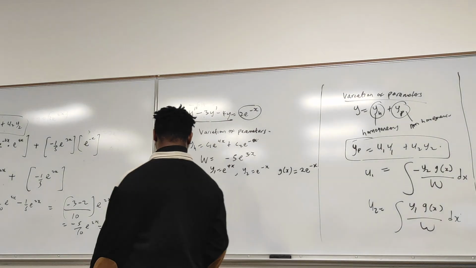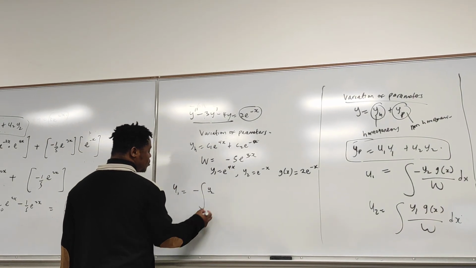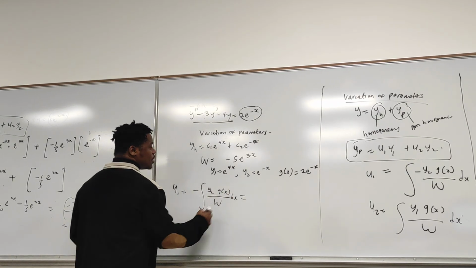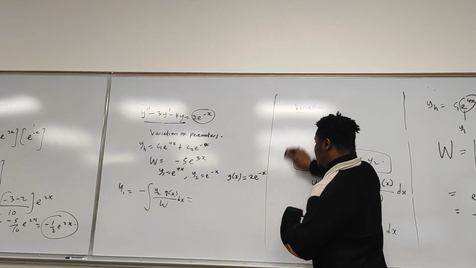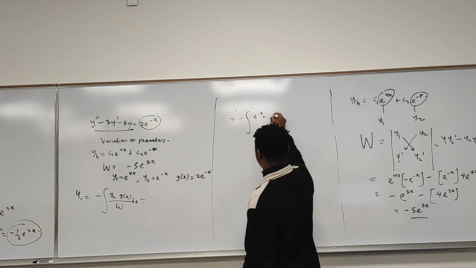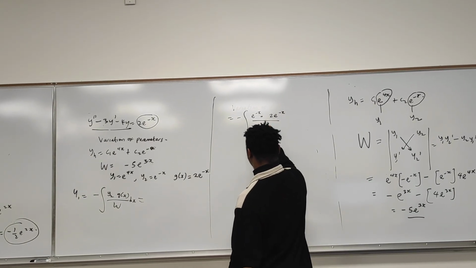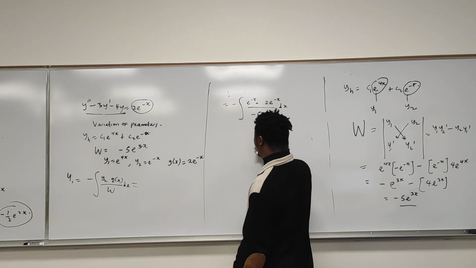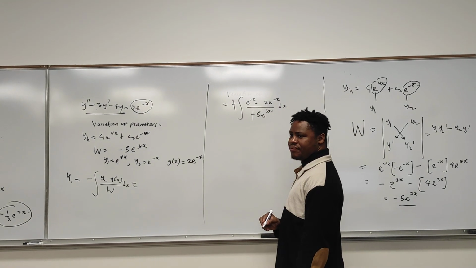So let's see. Our u1 is negative integral y2 g of x over the Wronskian dx. That would be, our g of x is 2e negative x divided by Wronskian is minus 5e3x, then dx. This is what we have. So this negative can eliminate this already.